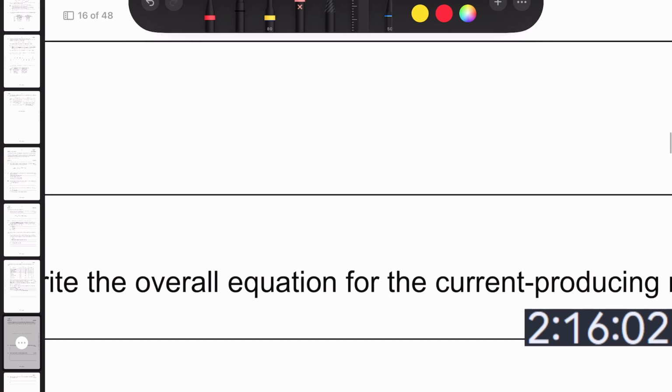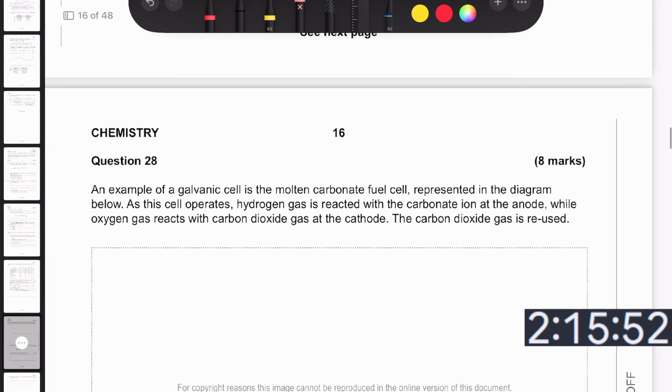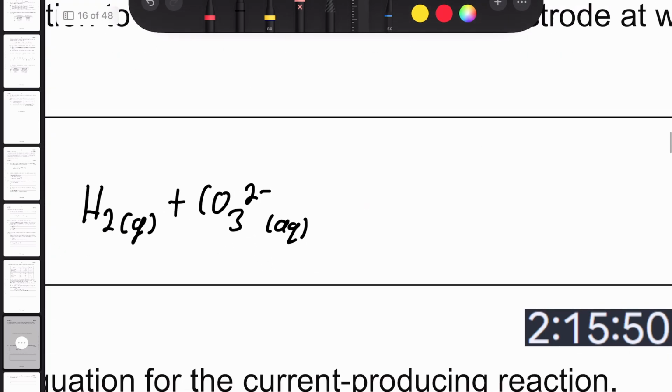So H2 gas plus CO3 2 minus. At the anode, I would imagine this produces H2CO3.